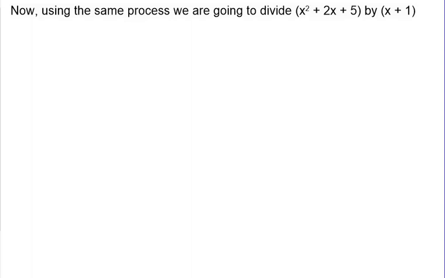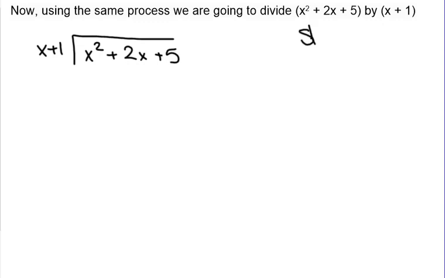Okay, so now using that same idea, we are going to divide x squared plus 2x plus 5 by x plus 1. There are some steps associated with that, and I'm going to write them on the side, and you may want to do the same.